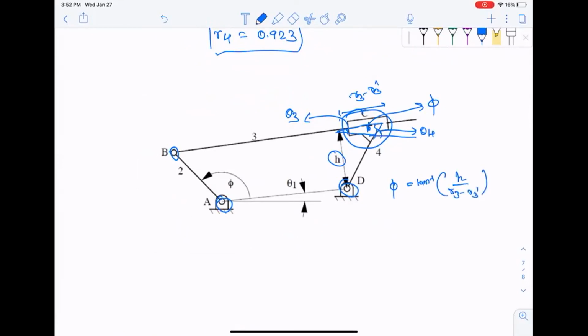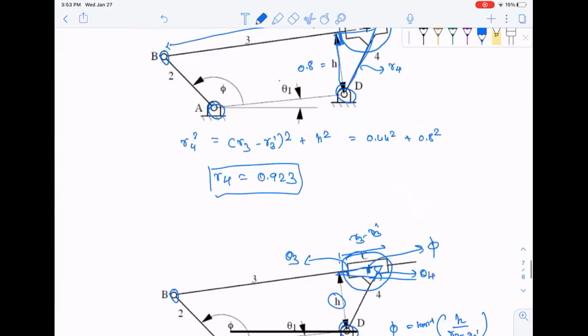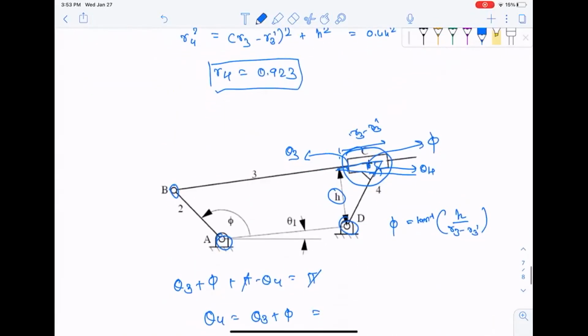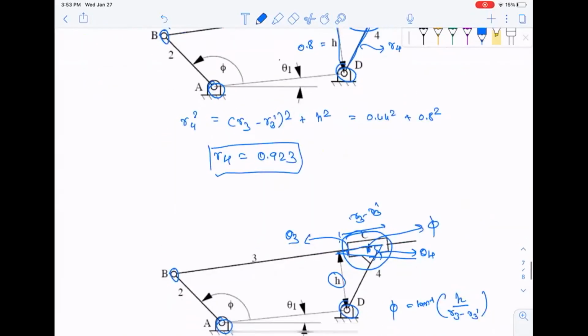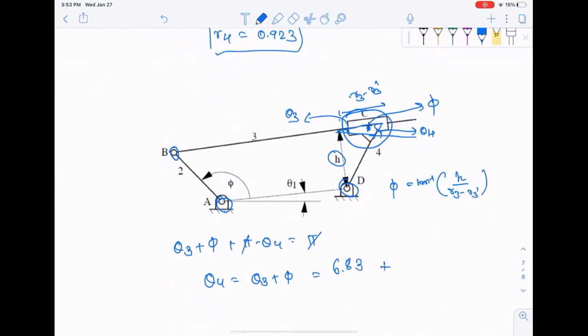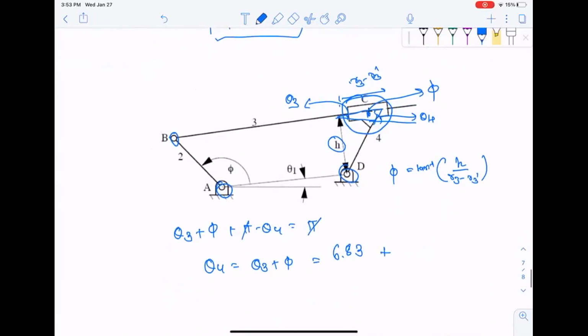If I write the summation of the three angles of the triangle, theta 4 is equal to theta 3 plus phi. Theta 3 is 6.83, which I already know, plus tan inverse of h by r3 minus r3 dash.